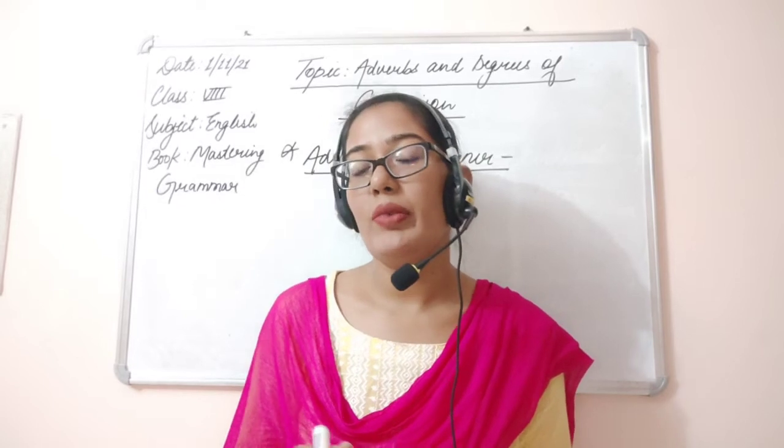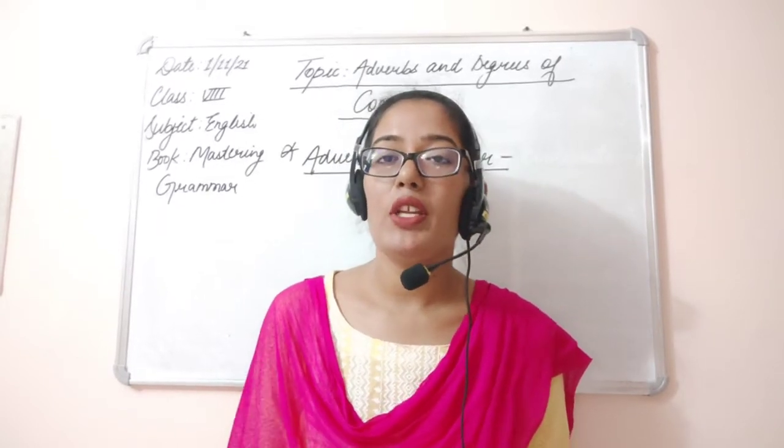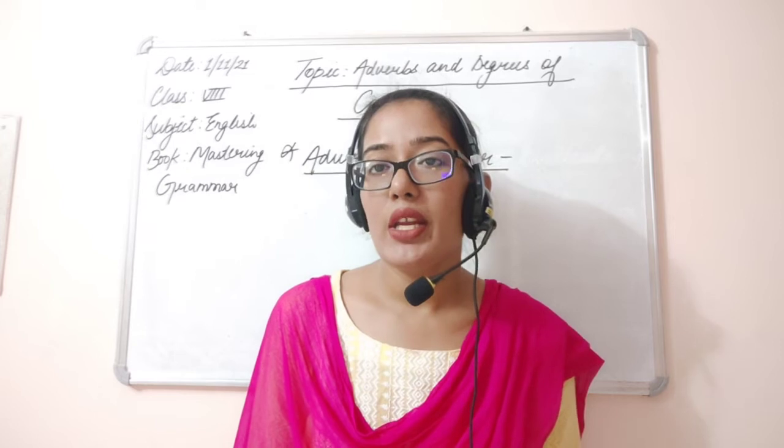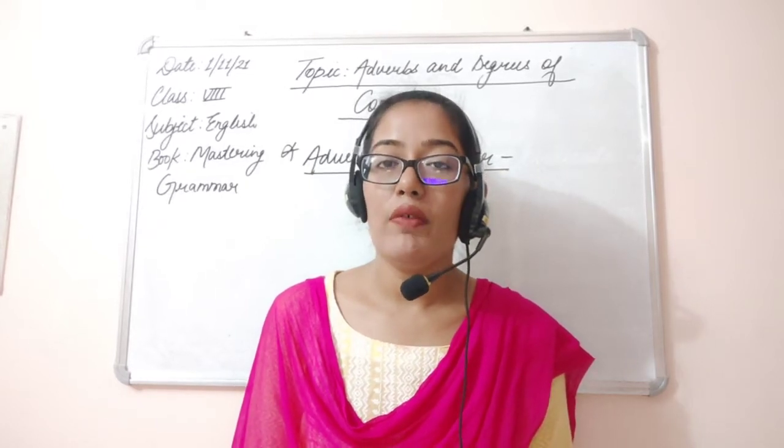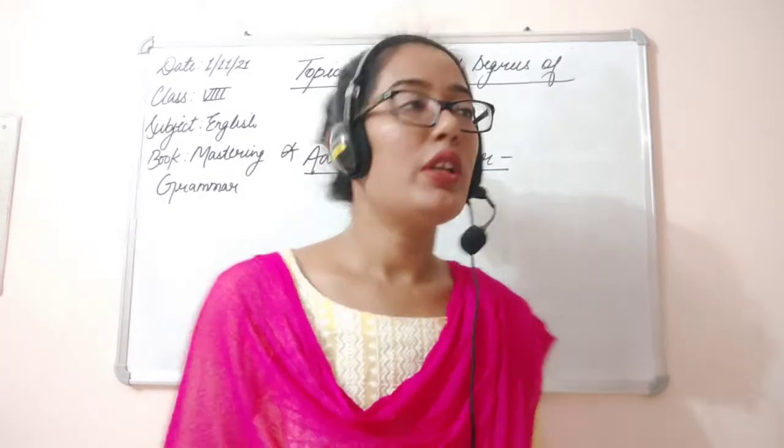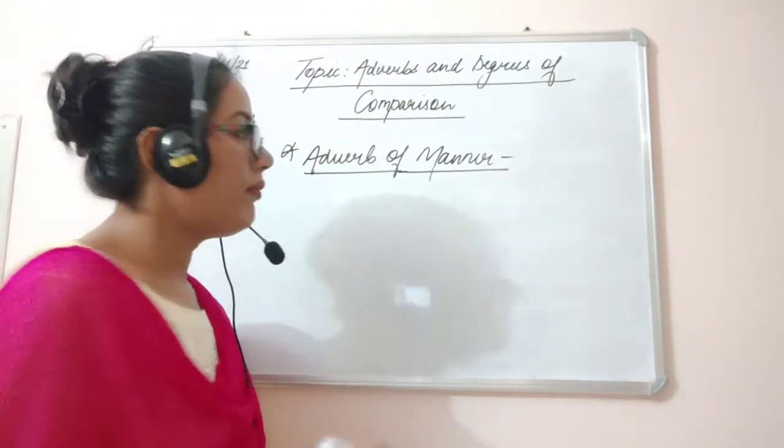After that there would be two more adverbs that we need to discuss, that is the relative adverb and the interrogative adverb. So let's move on to adverb of manner and what is being said in your book.